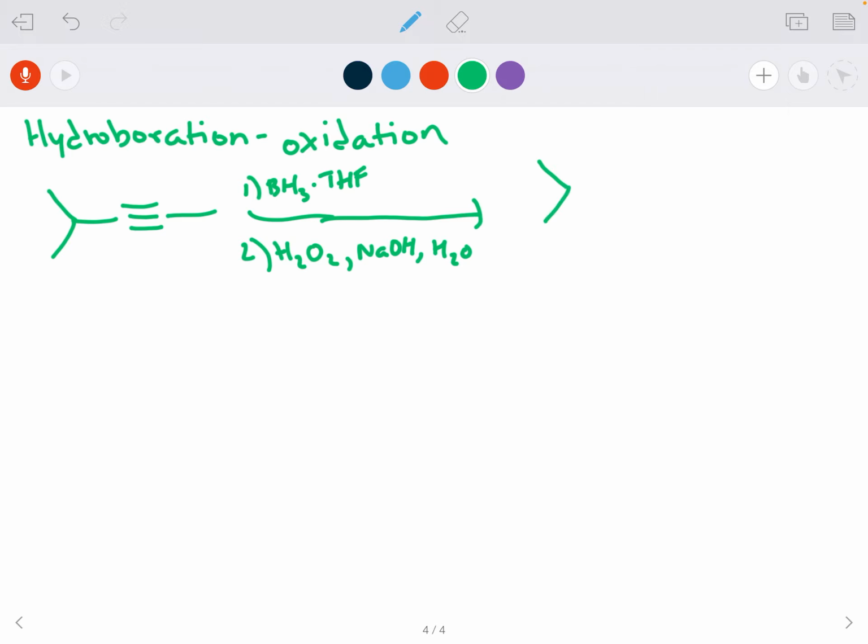The product here, like the last reaction, is a ketone, not an enol, but notice here it added to the less substituted position. That right there is the less substituted position. That would be the more substituted position. And here it has added to the less substituted and not the more substituted position.